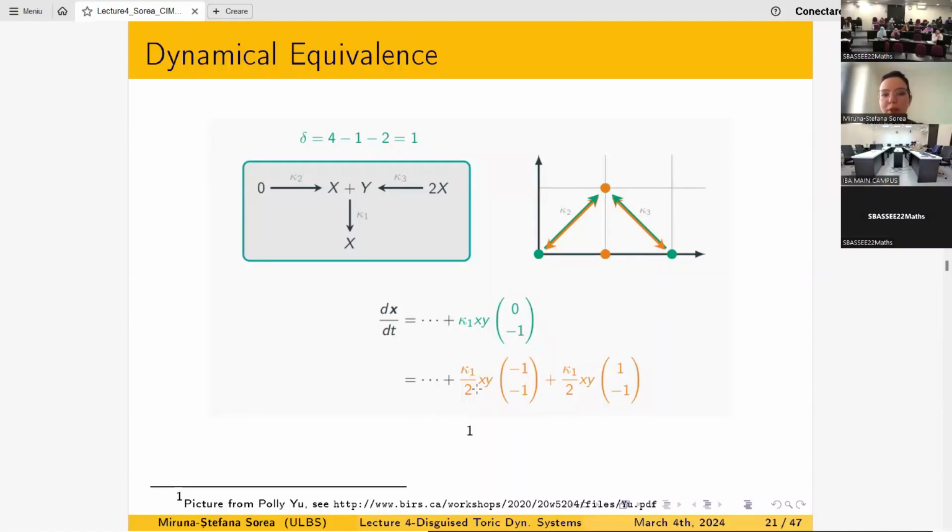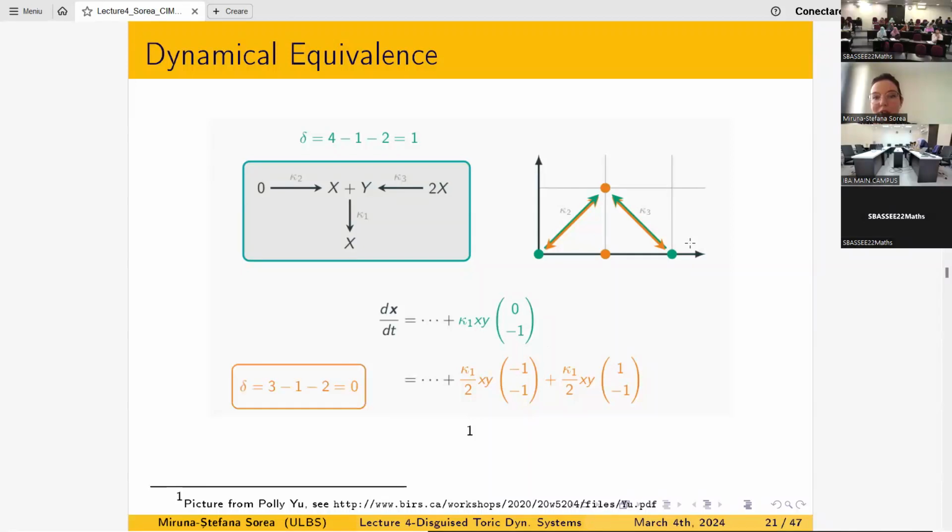So we may write this as a sum of two vectors, but keep in mind that when you adjust this, the rates change. You need to adjust accordingly to the length of the new vectors and so on. But now the same system is generated by the orange network.